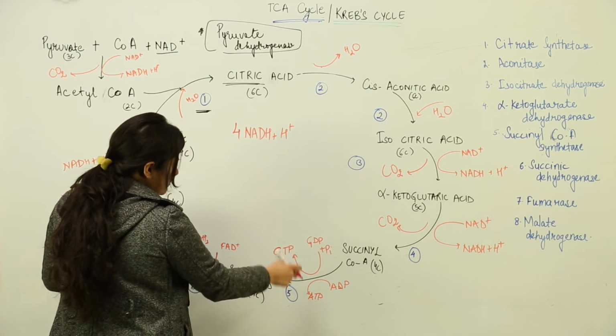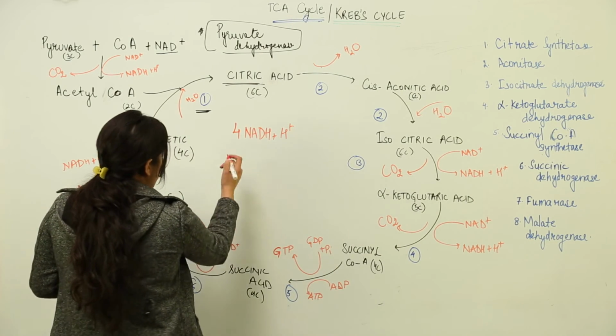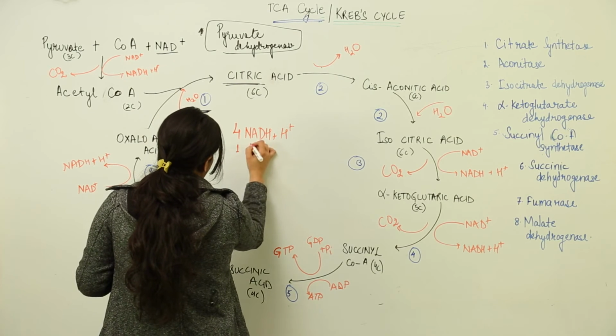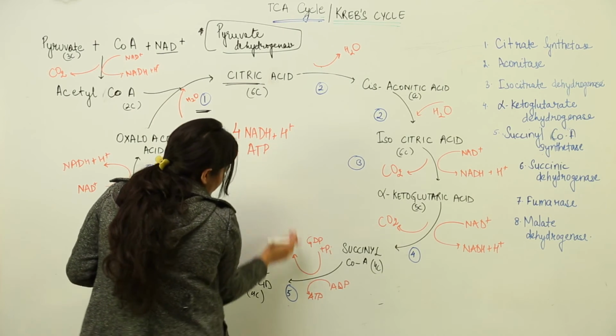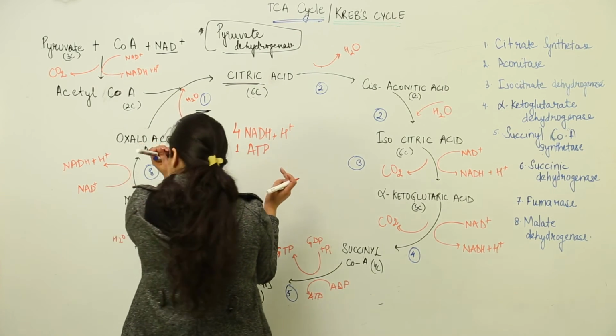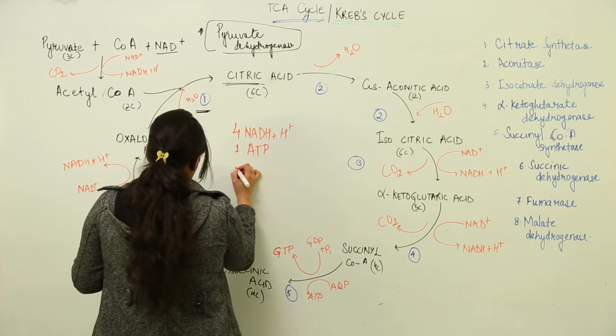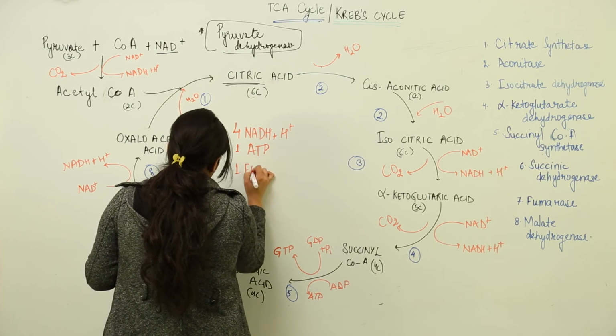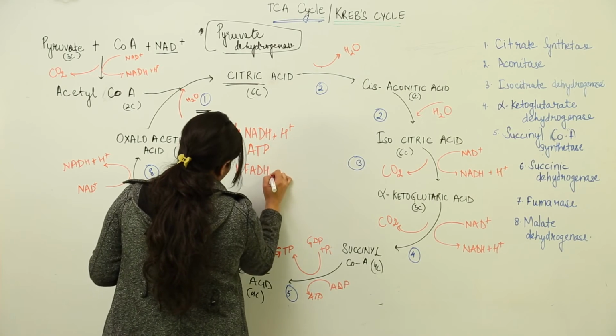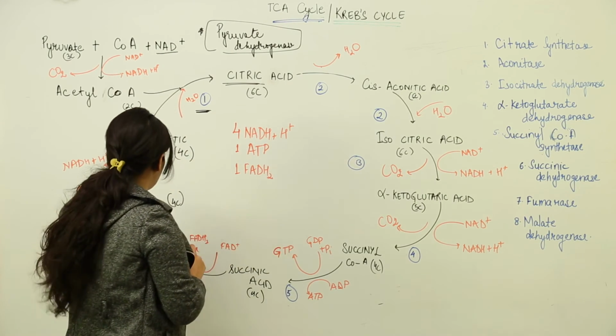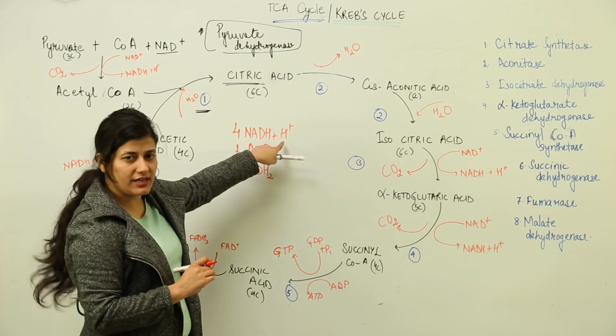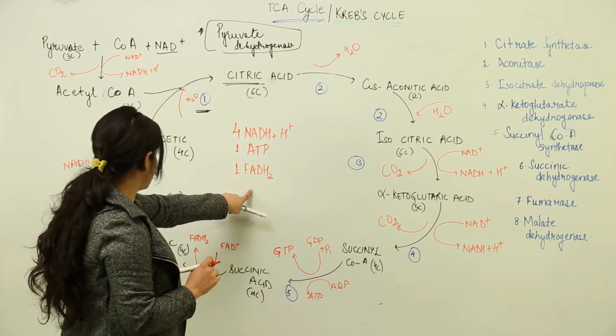At the same time, there is 1 molecule of ATP that is being formed with a coupled reaction of formation of GTP. Then we have 1 molecule of FADH2 that is being formed.